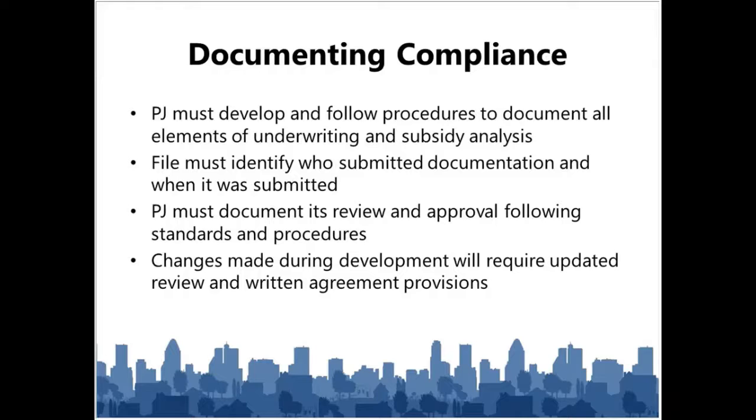So as part of that process, the PJ needs to be able to document that they have appropriately underwritten this. And frankly, these tools are also a way to remind yourself, as you go through this process, that you've thought about each one of these required elements. The PJ is required to have policies and procedures that lay out the process that you will follow.